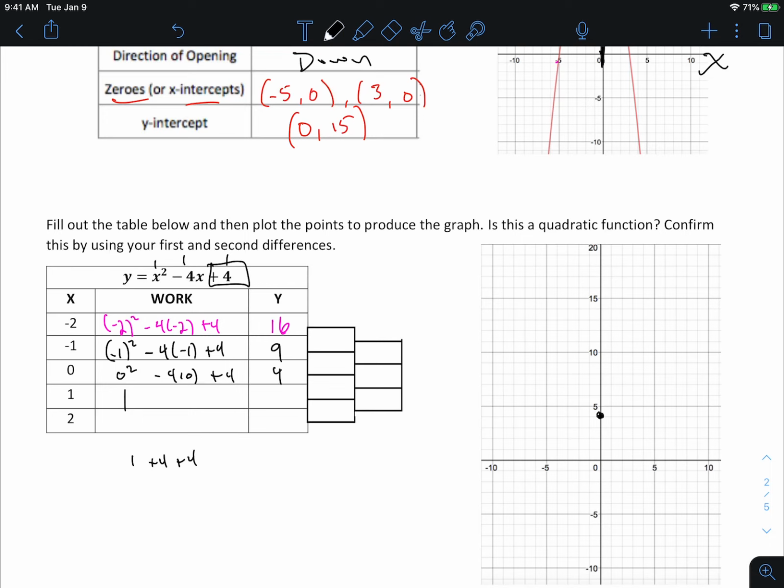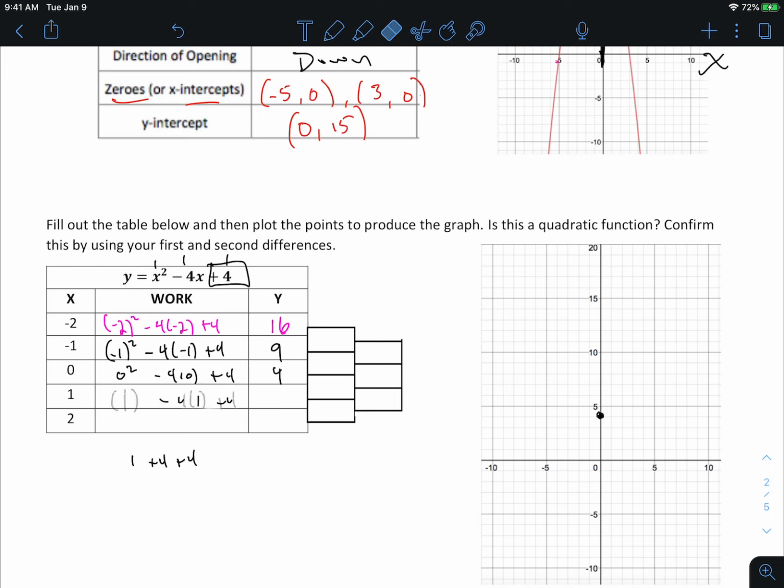I'm guessing the other one will be 16, but let's find out. Is it 9? That's what I got, I think. Oh, it's 4. What is it? I thought it was 9.